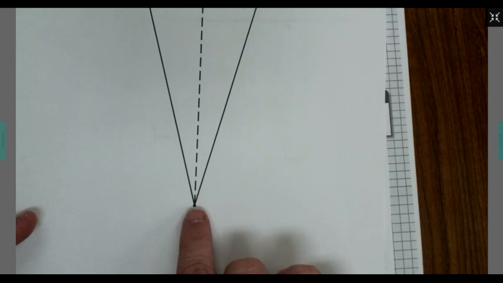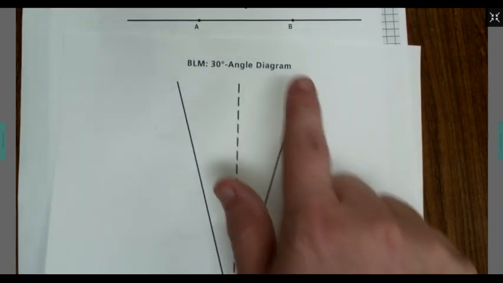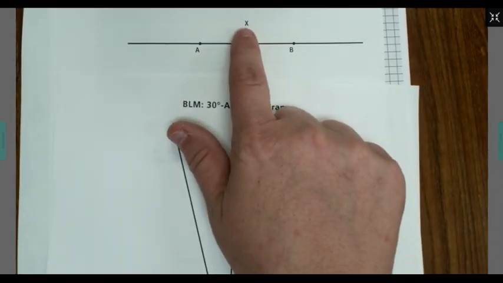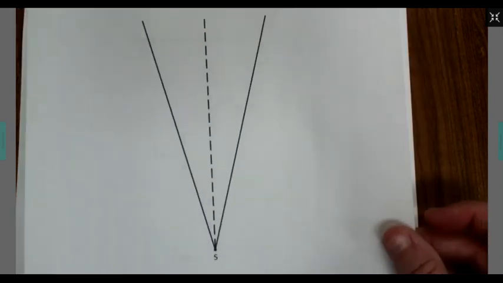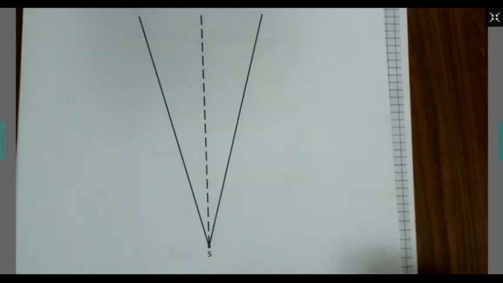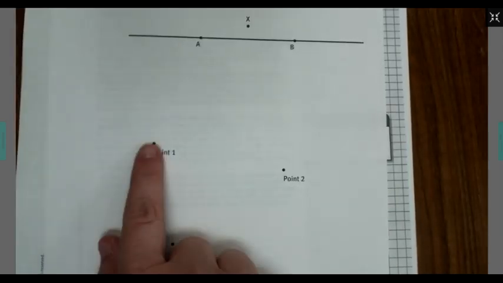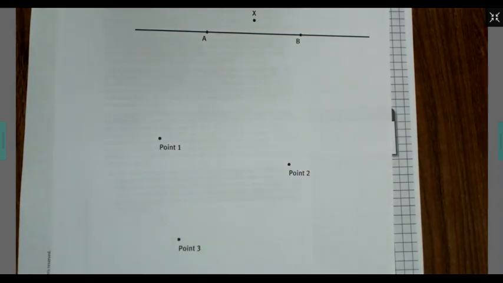This is where Chris is standing and taking his shots. And you want to line this dotted line up with Coach X. So go ahead and make sure you use your scissors now to cut out your angle. And then we're going to place it at different locations to see if he would make his goal or not.